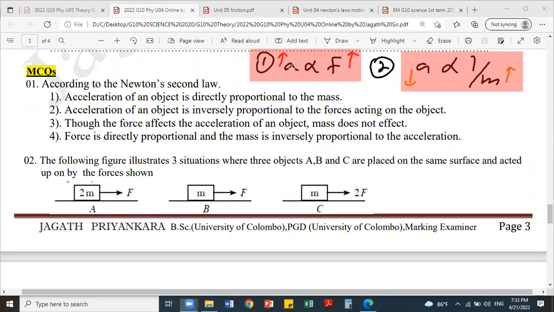Who can give me the answer now for the first MCQ? Can you all see the screen? Please raise the hand those who can see the screen. Okay, you can see the screen. Afan, what is the answer?